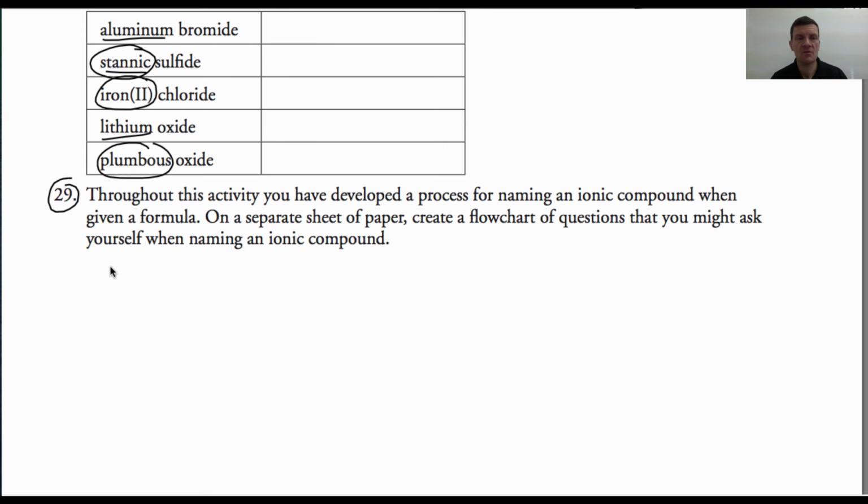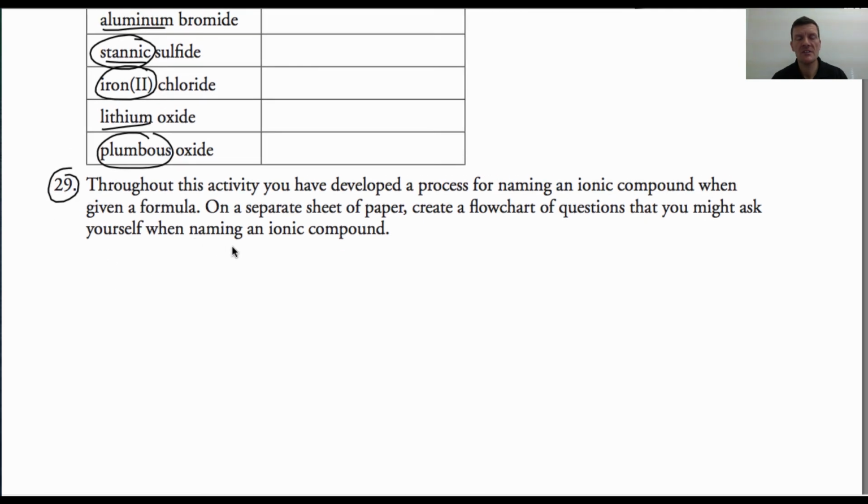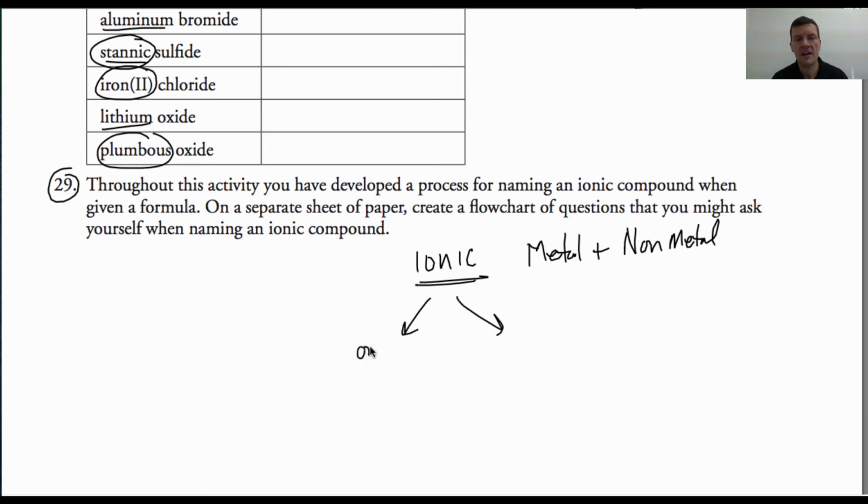Question number 29, all that's doing is helping you think about the flow of naming these compounds. First thing you obviously have to do is identify if it is ionic. And how do you do that? It always is going to have a metal and a non-metal. Okay? That's the first thing you want to figure out. Is it ionic? Then you would figure out, does the metal have only one ion?